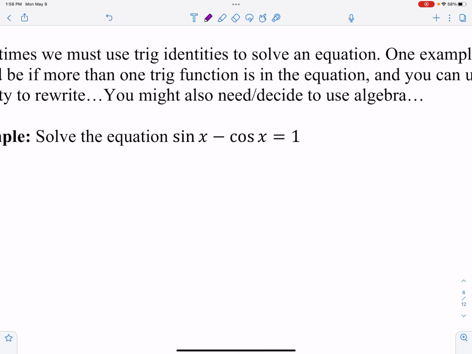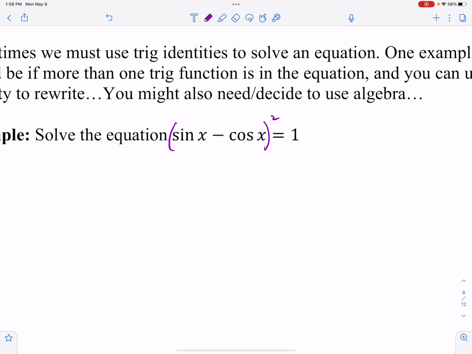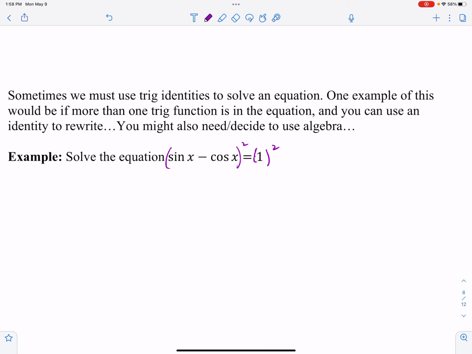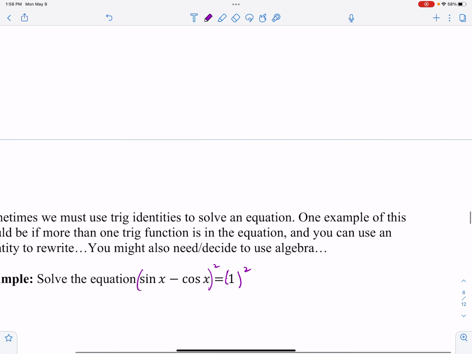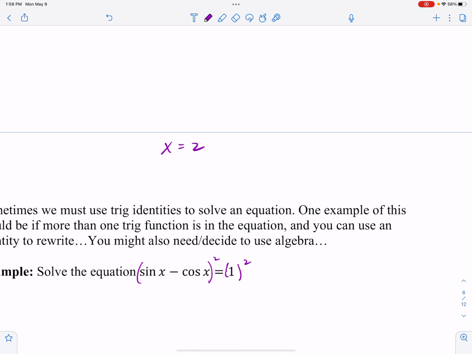So if it's not obvious to you, you could go, oh, well, what would happen if I square both sides of the equation? The only thing is when you square both sides of the equation as a technique to solve for a variable, you need to make sure you check for extraneous solutions, so solutions that don't make sense. An example that I always give is if we start with an equation like x equals 2, and then we think about squaring both sides, we get x squared equals 4.